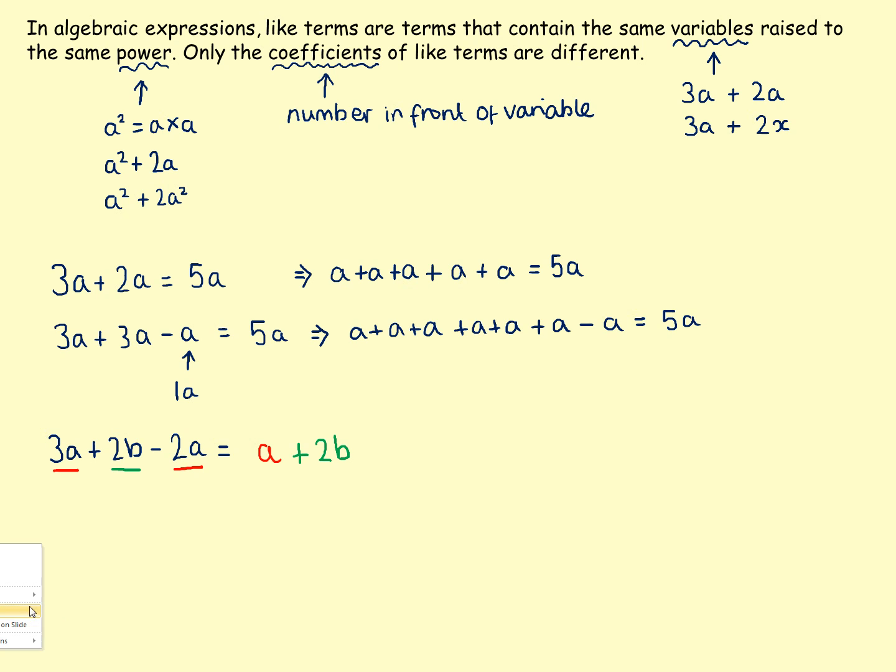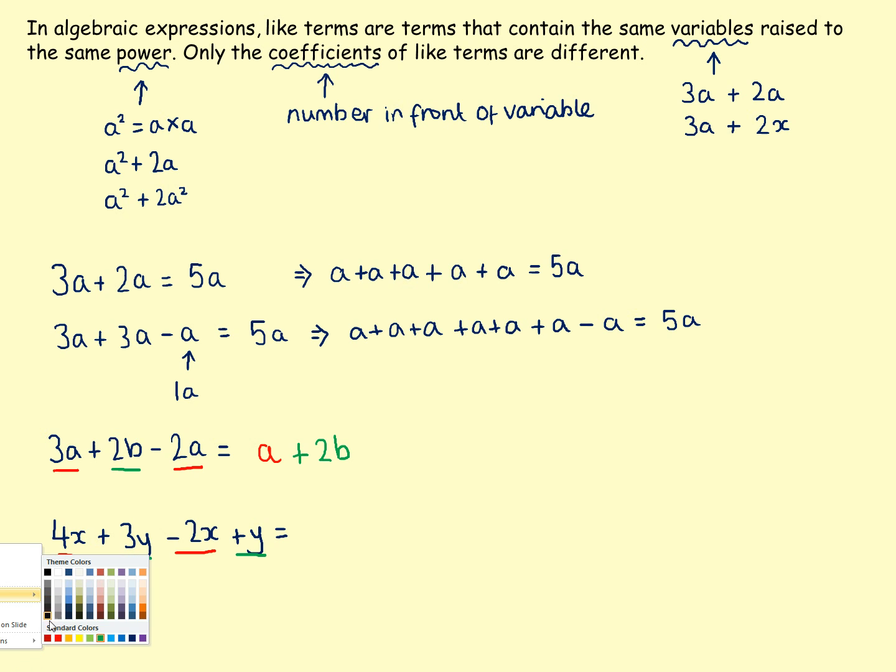Let's have a look at another one like that then. If we had something like 4x plus 3y, take away 2x plus y. Let's have a look at what variables we've got here. We've got x and x there, and then we've got y and y there.